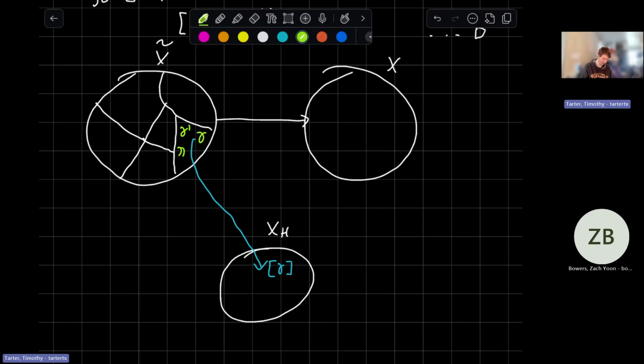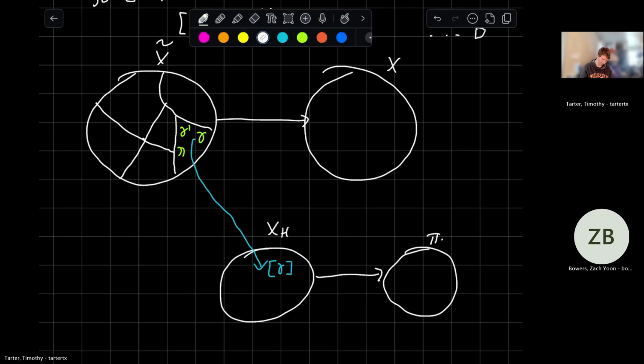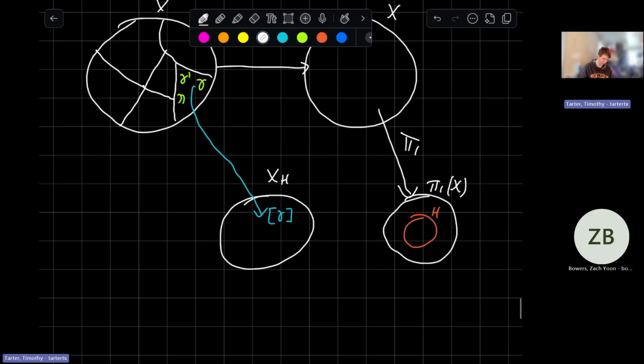This ends up going to pi 1 of X, and this ends up going to H. But then this gets factored through, this happens by pi 1.